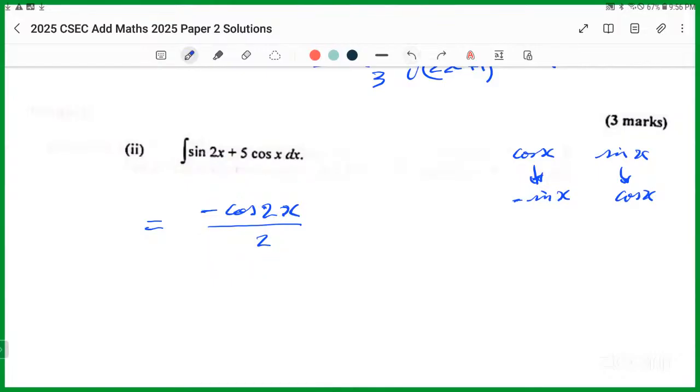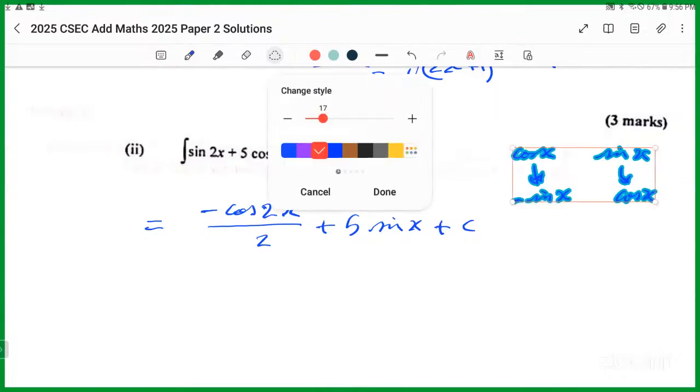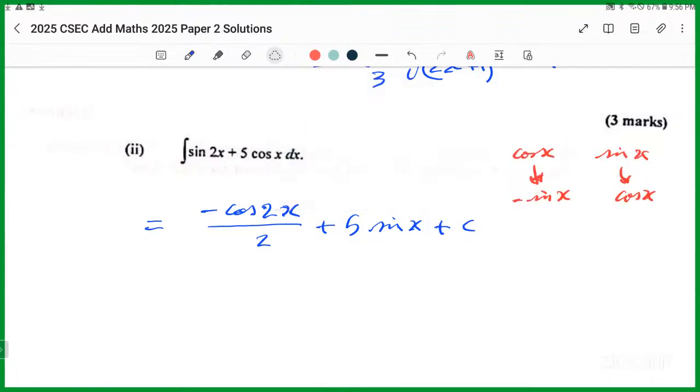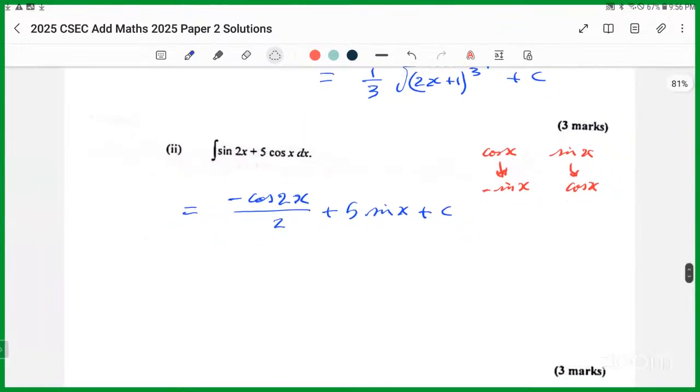When I differentiate sine, I get cos, so if I integrate this cos, I just get back sine. So this part just becomes plus 5 sine x. Don't forget your plus c. That's the answer. This is it. Nice and easy.